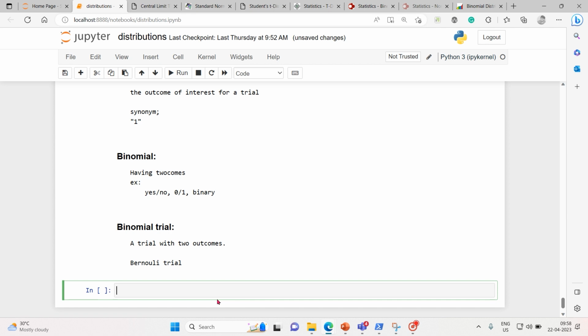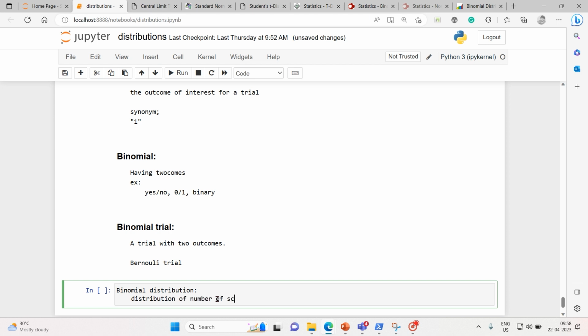The final one is the binomial distribution: the distribution of the number of successes in X trials.